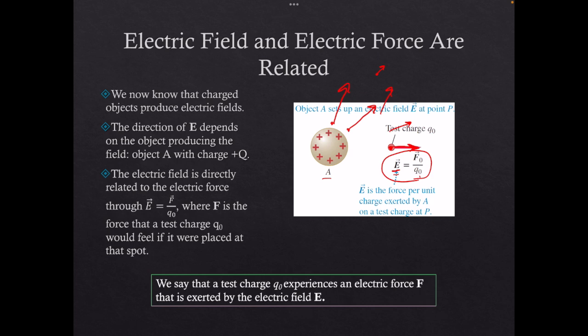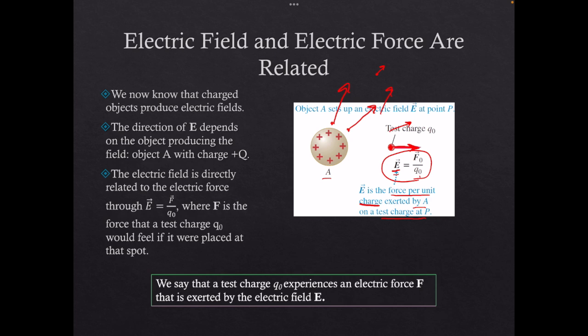What we say is that the electric field is a force per unit charge that object A exerts on a test charge at the location where we know the electric field, point P. So we're going to rearrange it in a minute on the next slide.